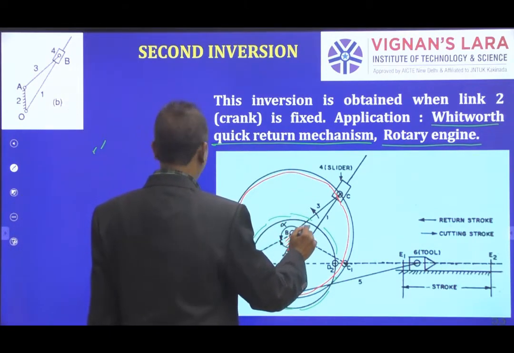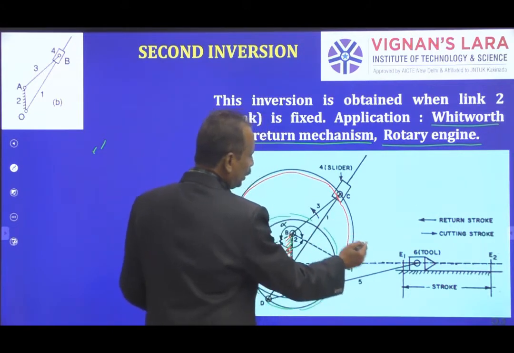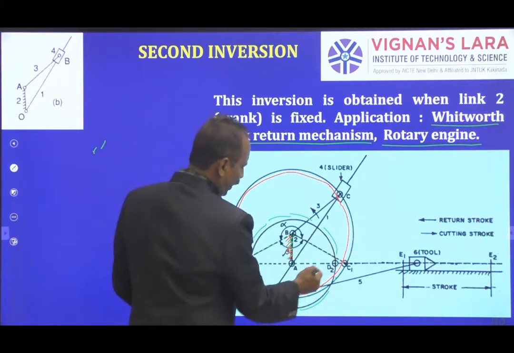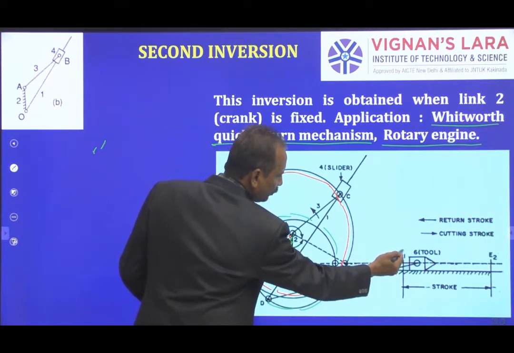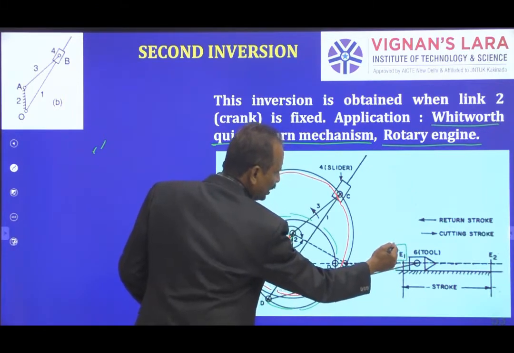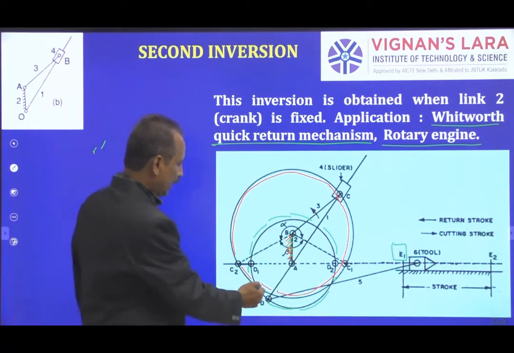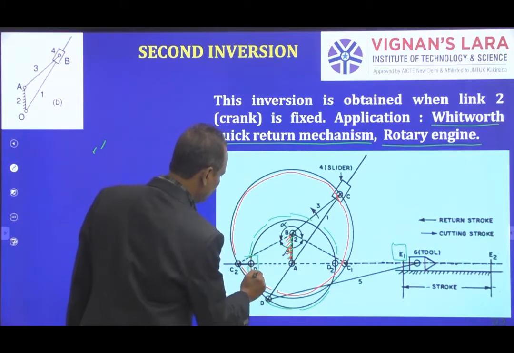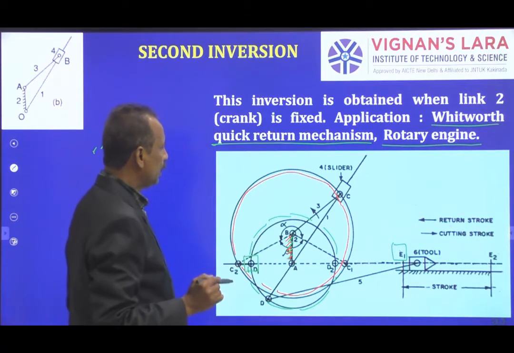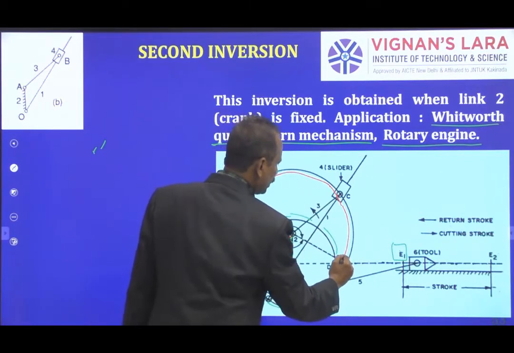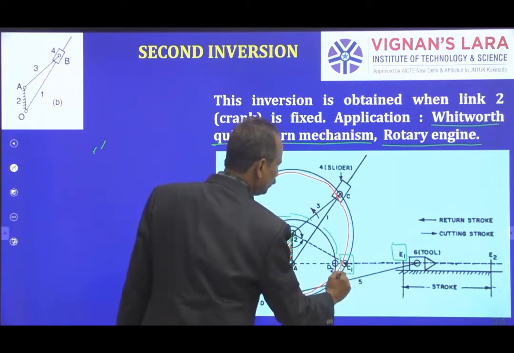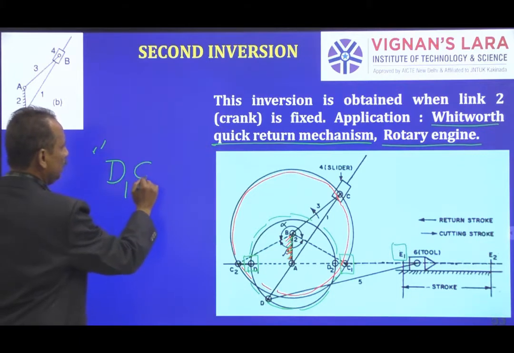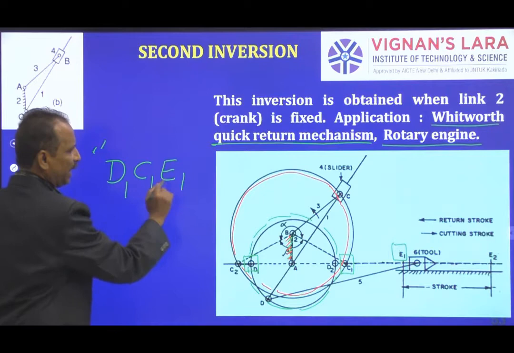Now if I assume an extreme position, when this tool is at E1, then this link D is at D1, and this C is at C1. So D1, C1, E1 is one of the extreme positions.